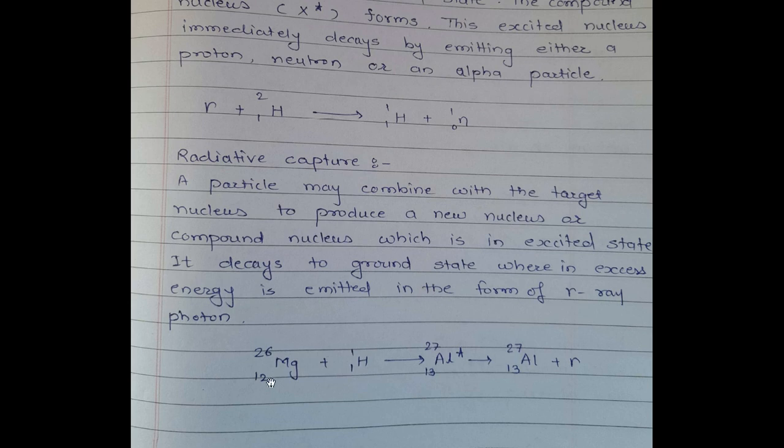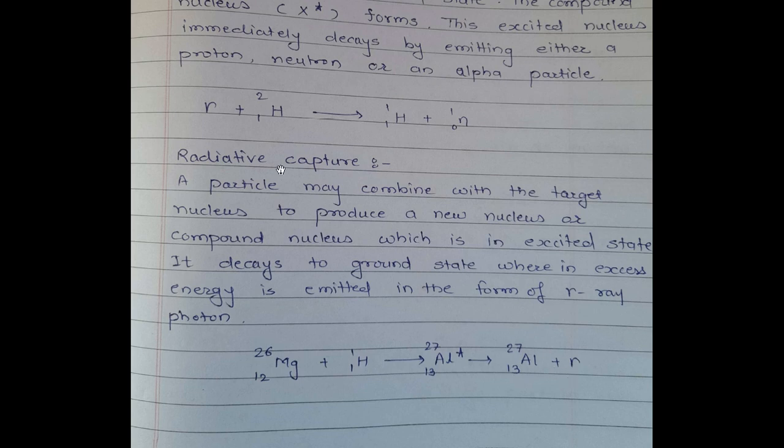There is an exchange of energy between these two entities, as a result of which, due to the excess energy received by the target nucleus, it will form an excited state of some other nucleus. Now it will not remain in the excited state forever. It again comes down to the ground state by liberating a gamma ray photon.